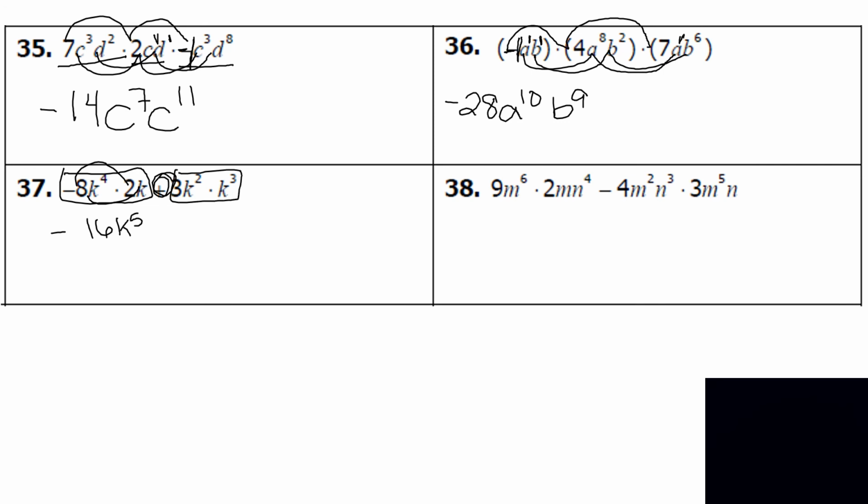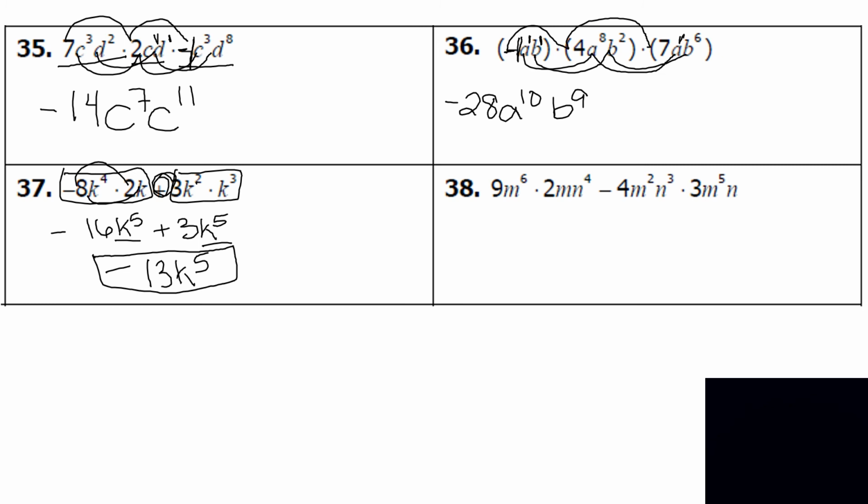So 3 times 1 is 3, and then k squared times k cubed gives me k to the 5th. Because both my k's are raised to the 5th power, I can now combine. Negative 16 plus 3 is negative 13. Bring down my k's. So my final answer would be negative 13 k to the 5th.